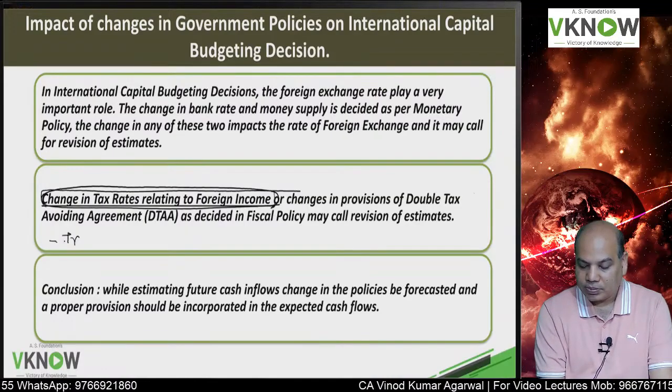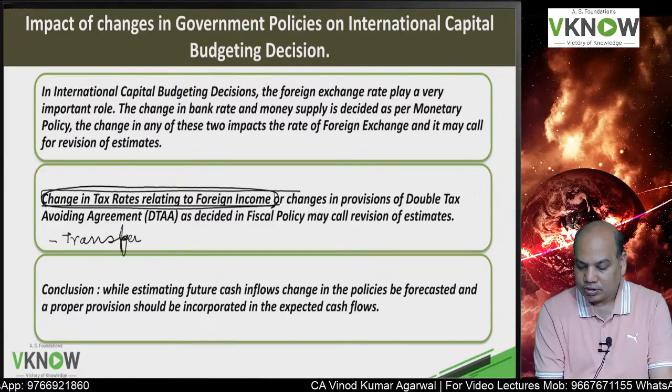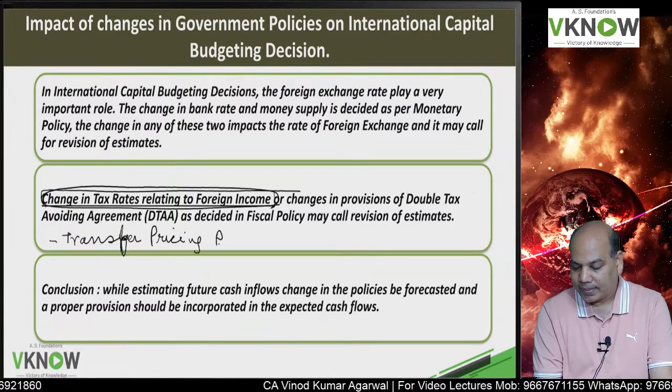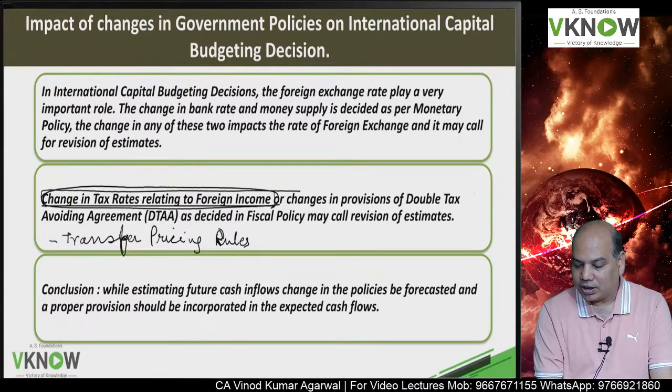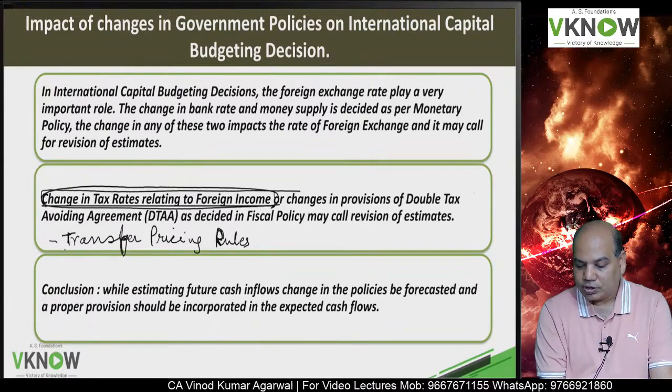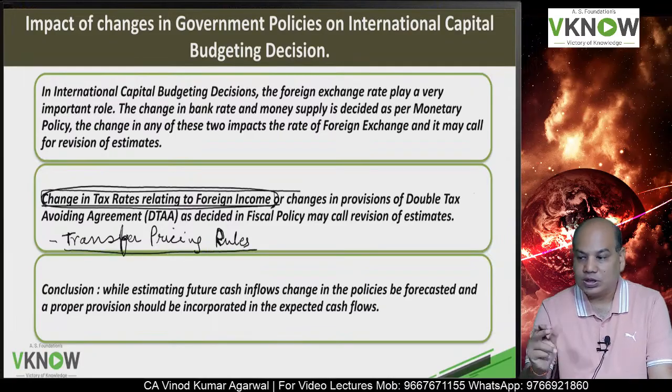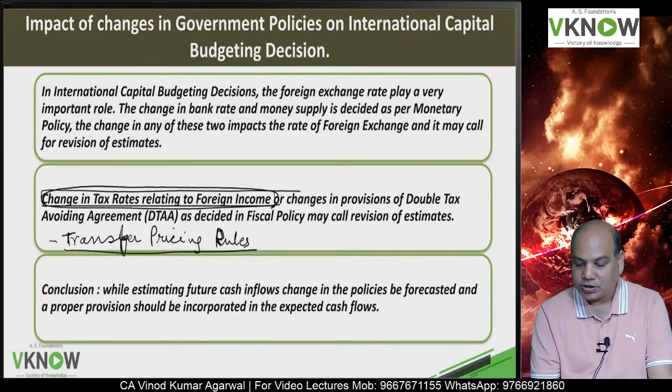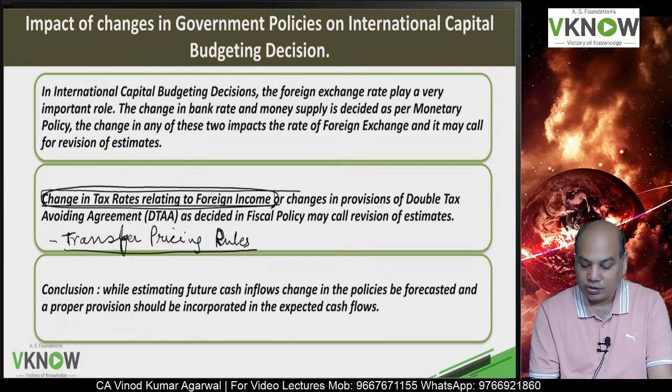Then there are transfer pricing rules. You can mention that also in the exam. Irrespective of the price at which you show in the books, the government says for tax purposes we are going to assume this is the price. Transfer pricing rules are there which can affect you.